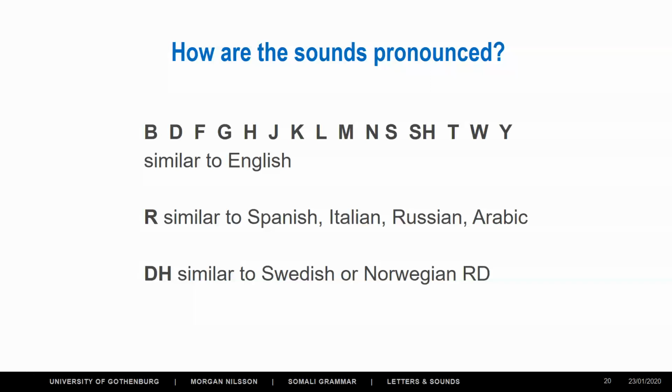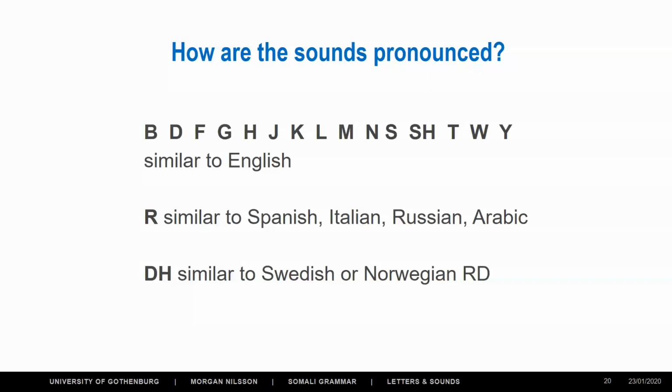There is a combination of two letters that represent one sound, and this sound has a very similar corresponding sound in Swedish and Norwegian, where it's written rd and pronounced j.